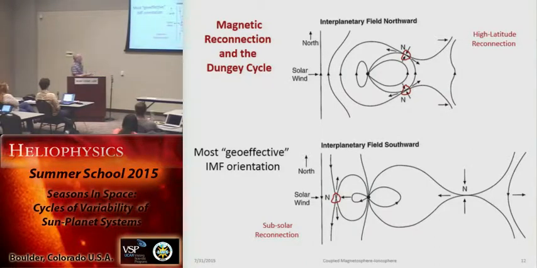And so this null line goes all the way around the Earth on both sides, goes around the equatorial magnetosphere for this configuration. And then magnetic field lines are brought back together here. They're pulled, and I'll show in another slide, they're pulled tailward. Reconnection also occurs in the magnetotail.